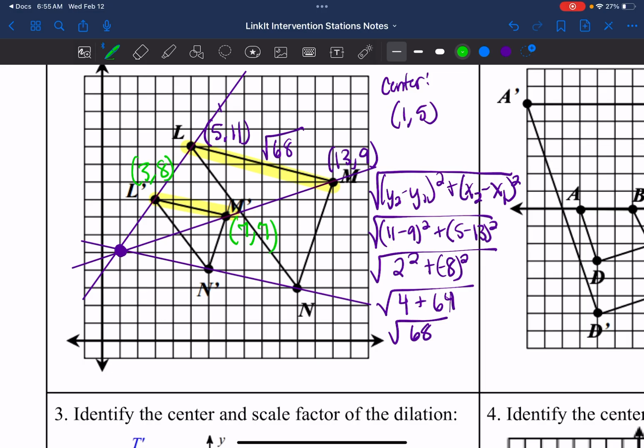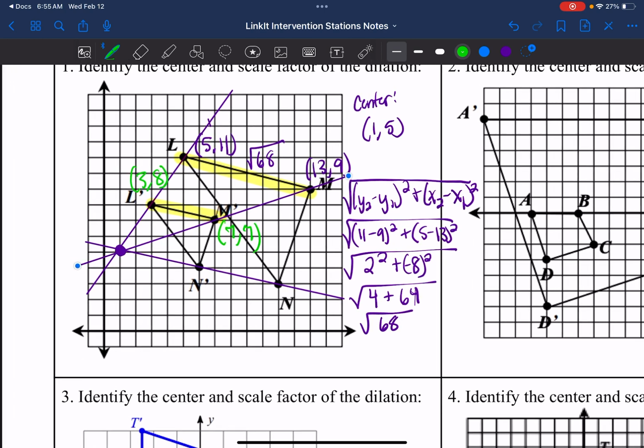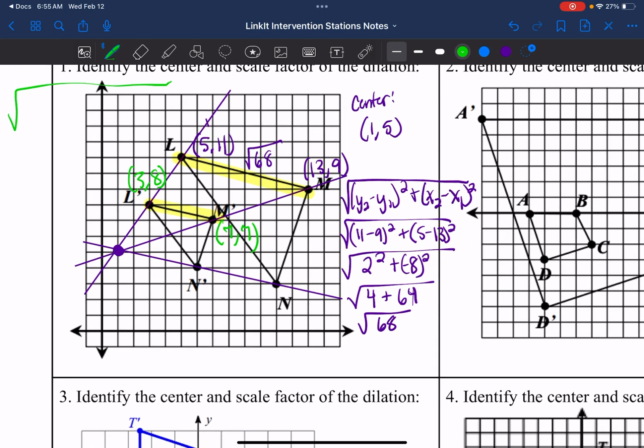So I'm going to have the square root of 8 minus 7 squared plus 3 minus 7 squared. 8 minus 7 is 1. 3 minus 7 is -4. 1 squared is 1. -4 squared is 16, so I end up with the square root of 17.